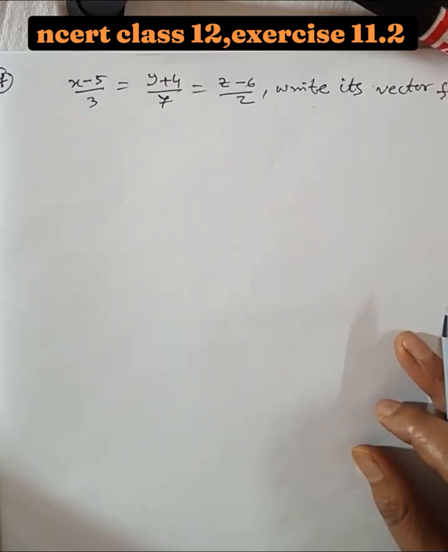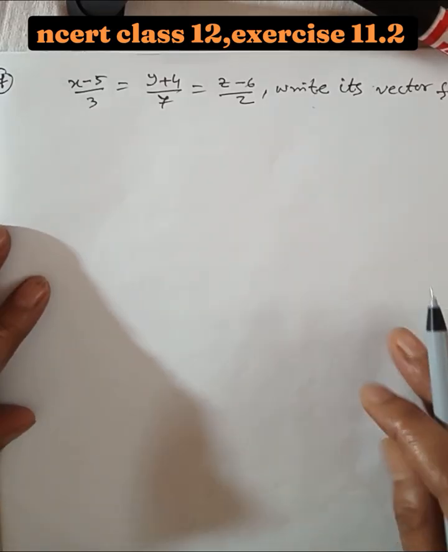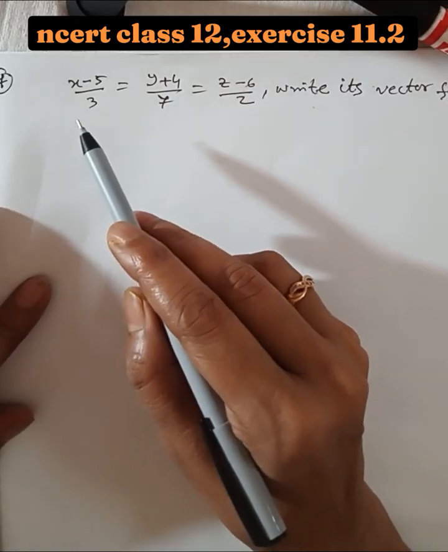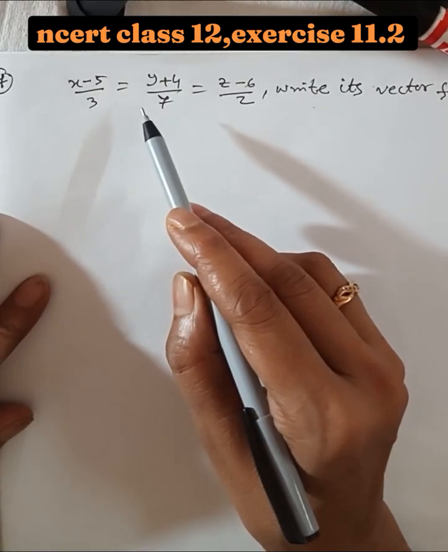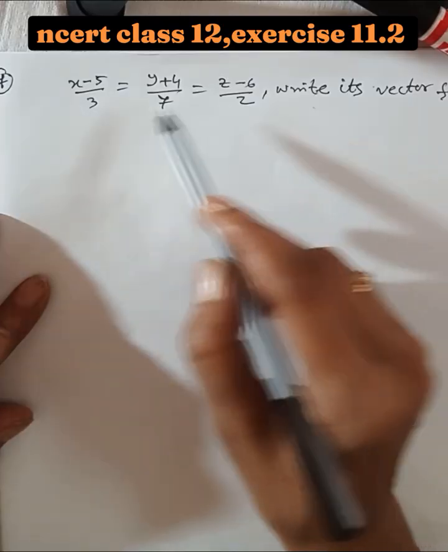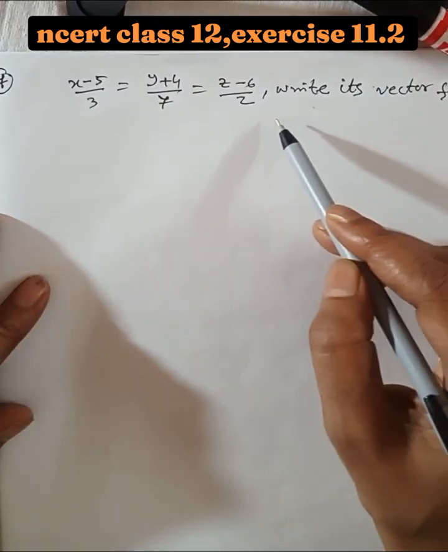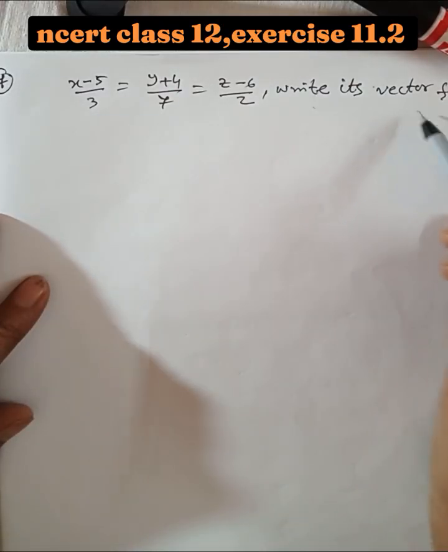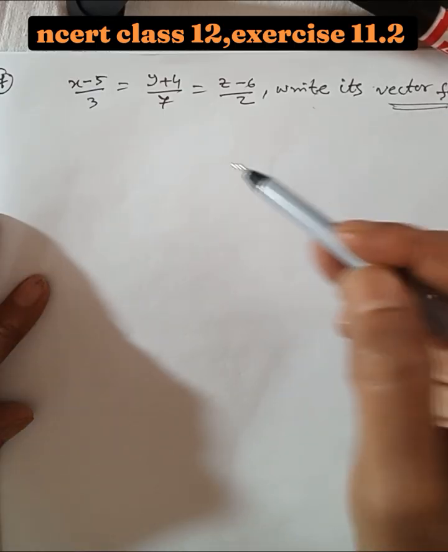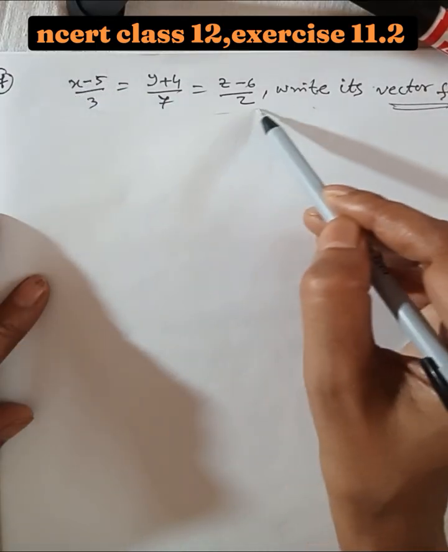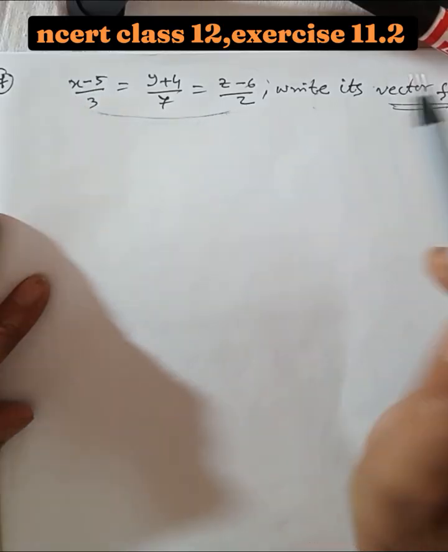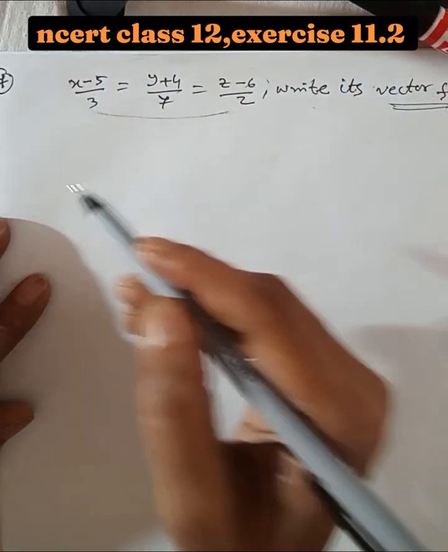Now I will solve question number 7. Here the Cartesian equation of a line is given, and we need to write its vector form. We write the equation of the given line in vector form.